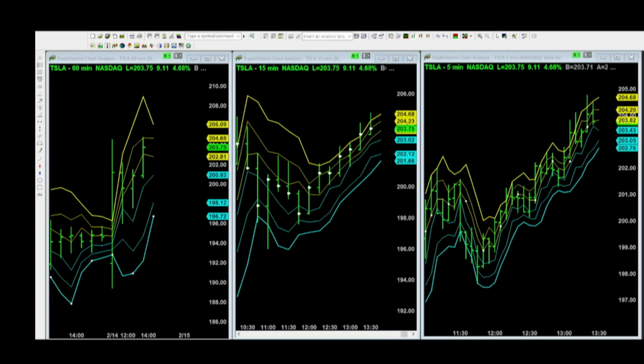So the fluctuation is between the yellow trend line and the blue trend line, even for 5 minutes charts. So you can watch this real-time demonstration of the stock price fluctuation compared with the trend lines.